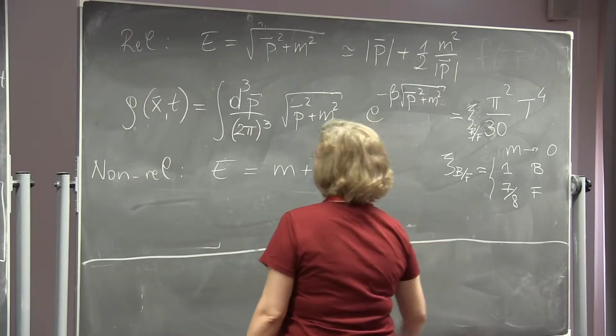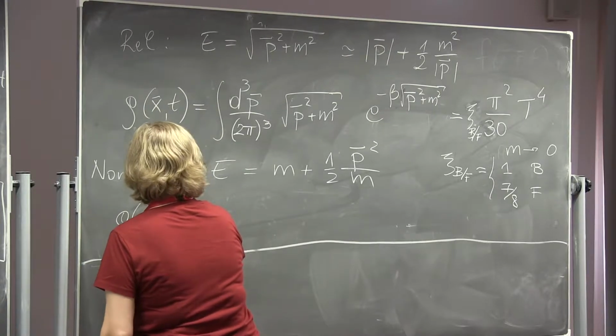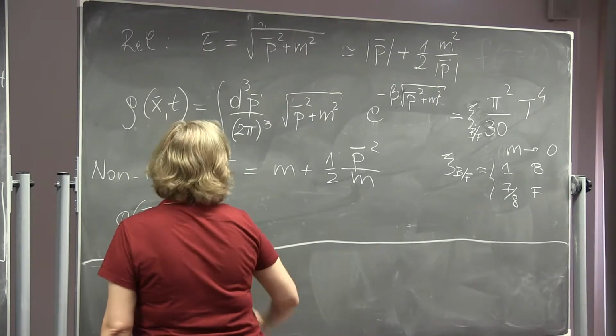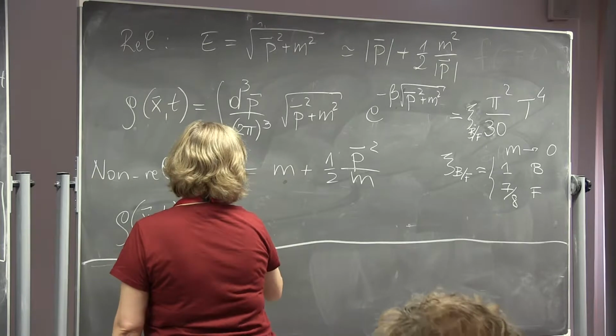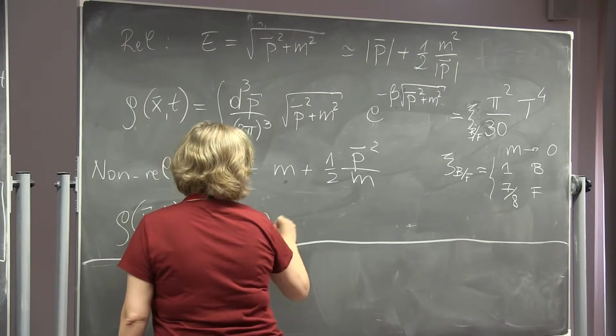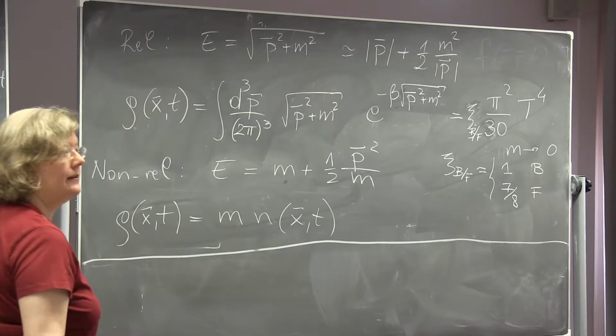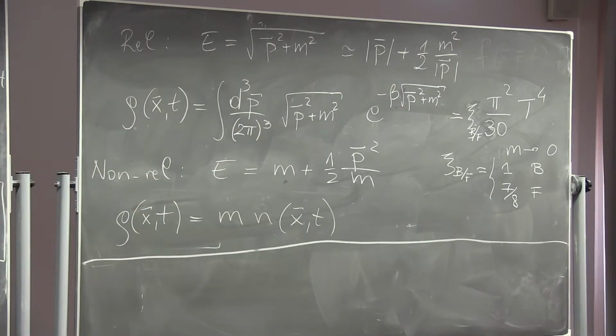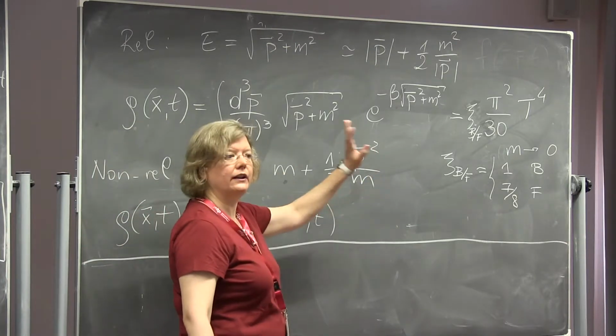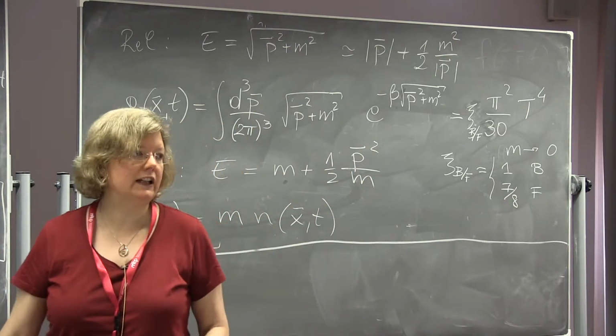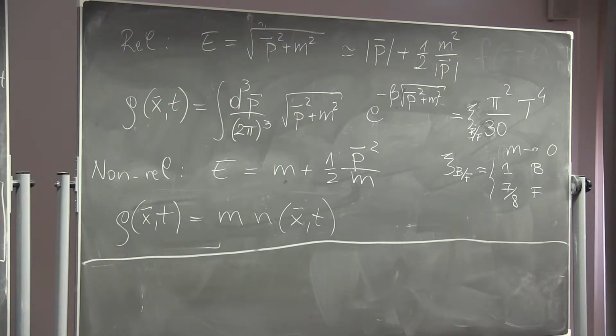And therefore you can see immediately that the density is, in this case, just a factor of m times the number density. This means I can very easily compute the energy density from the number density: I just multiply by the mass. Of course, I have corrections of order 1 over p squared, but as long as it is really non-relativistic, this is a small correction, so it's not a big problem.